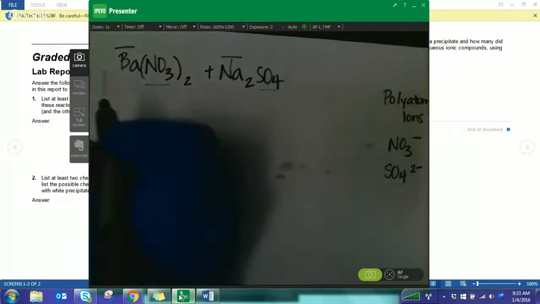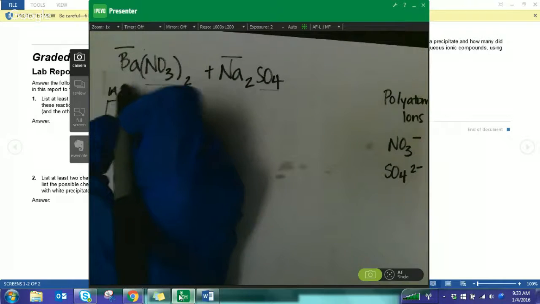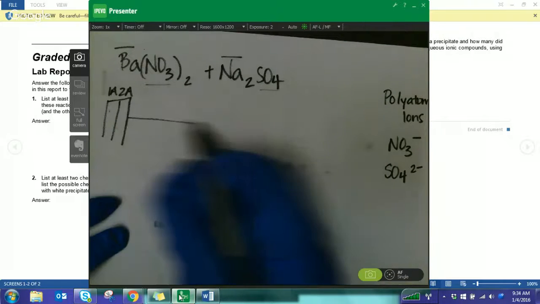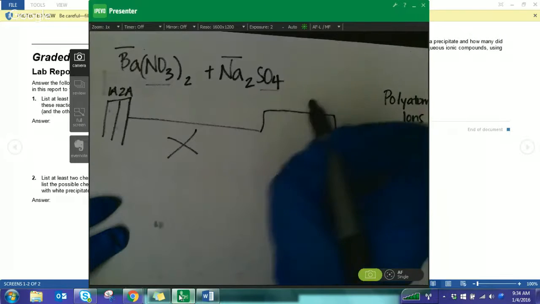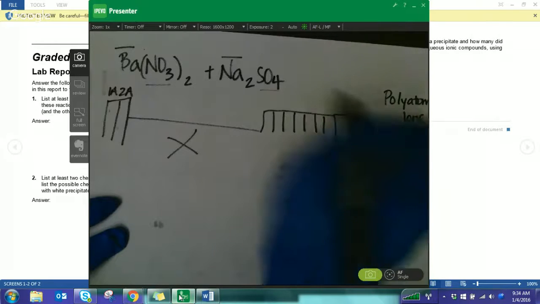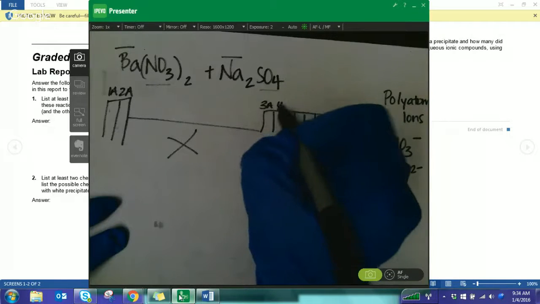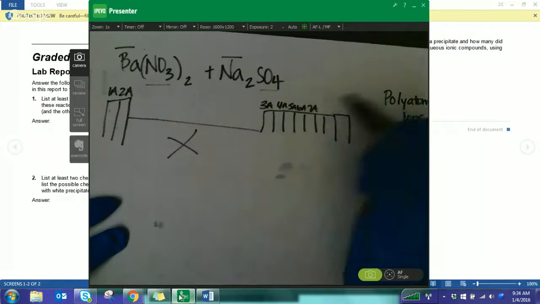Alright, so that's going to be the left side of the periodic table. You got 1A, 2A, and then we're skipping the transition metals. And then we have 3A, 4A, 5A, 6A, 7A.